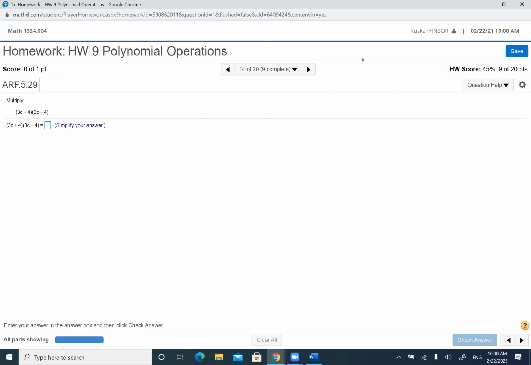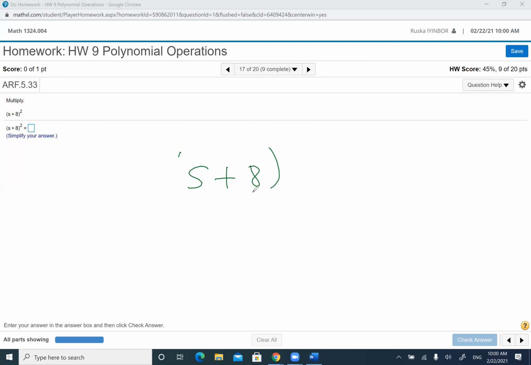So now, next one is the same way. You're gonna FOIL this, right? The same way. I'm gonna skip that. The next one is the same way. You're gonna distribute. The next one is again FOIL. Now square, I told you square means multiply 2 times by itself, right? So in this one, you're gonna multiply s plus 8 times s plus 8.